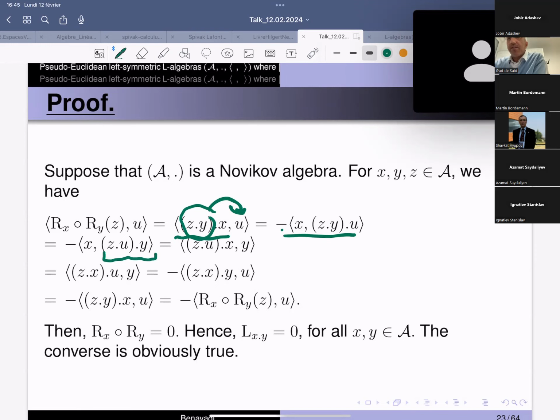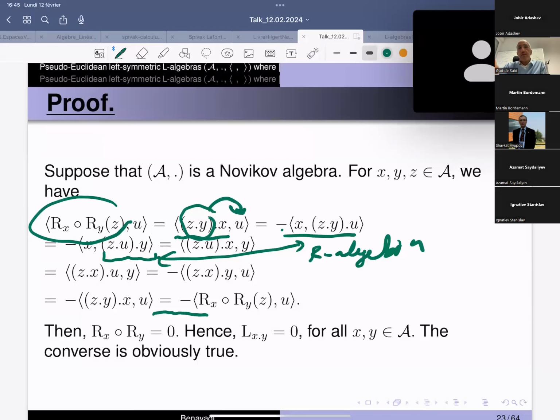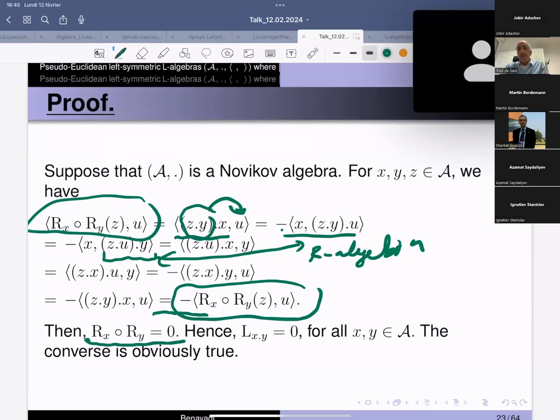Now, this one uses the fact that it is a Novikov algebra, and we make some calculation by adjoint, and we find that this one is exactly this one, and we conclude that Rx is 0, and in this case you have this, because we work in the Novikov algebra. The converse is obviously true.